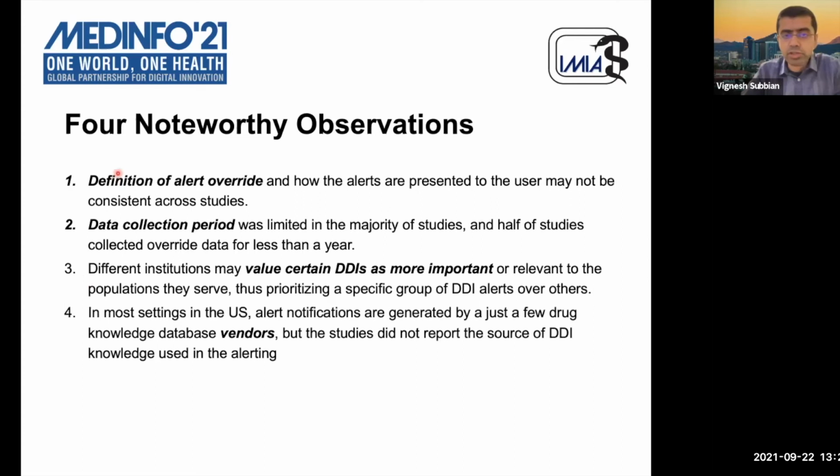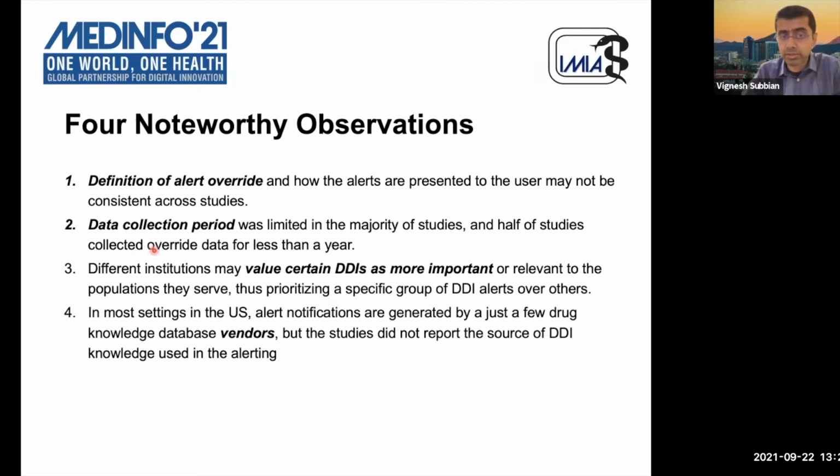So a few noteworthy observations from our study. First was the definition of alert override. What does an override mean beyond just ignoring them, and how the alerts are presented to the user. This was not very consistent across studies. So reporting the actual definition of alert override might be important.